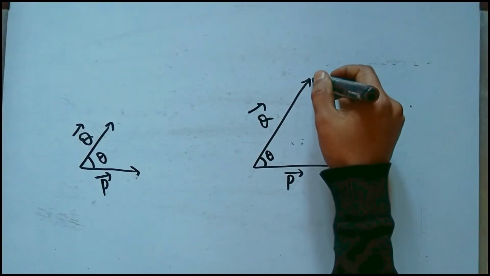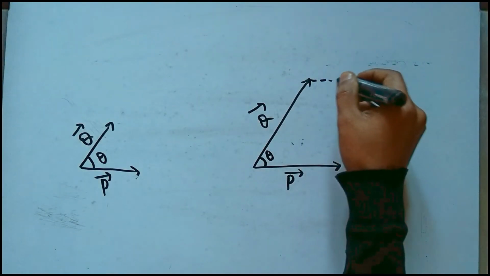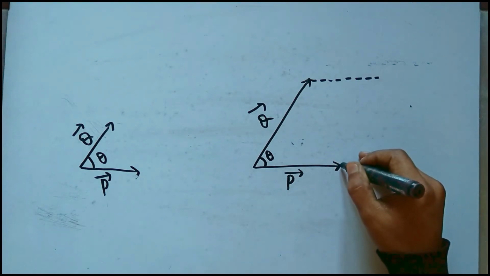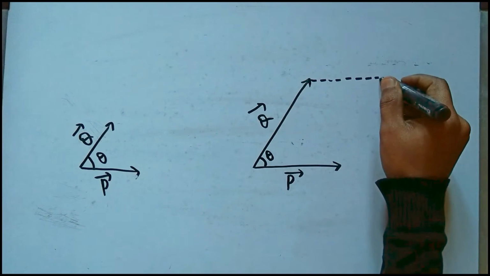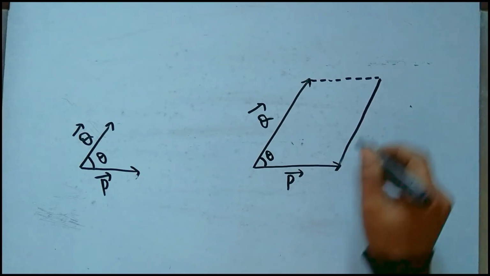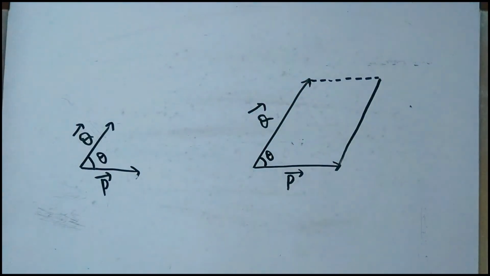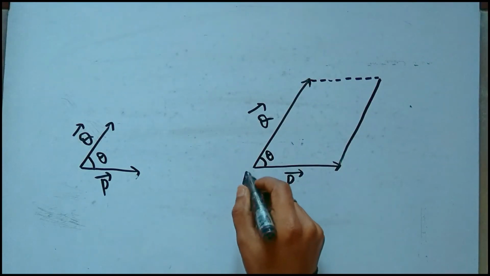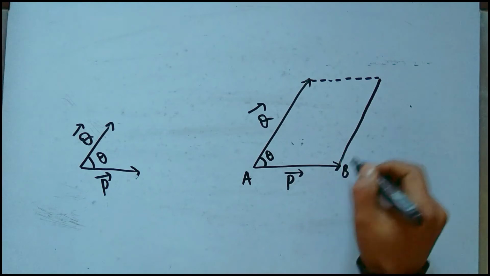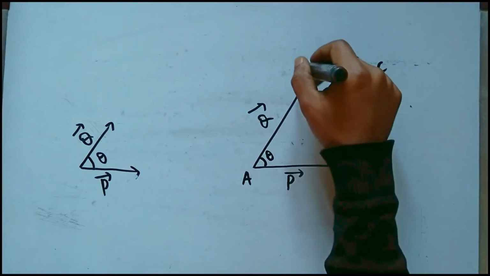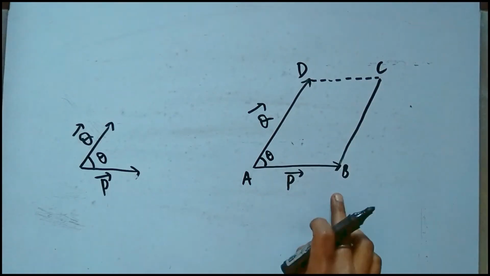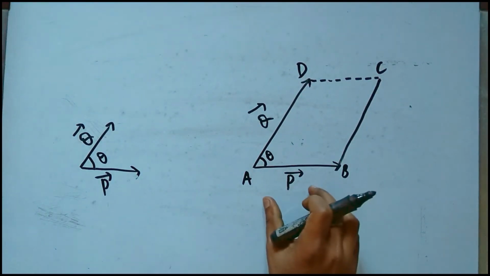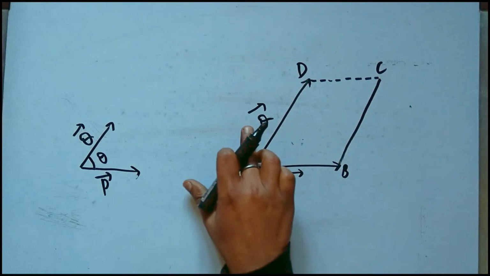So now we have to draw a parallelogram. Now this is the parallelogram A, B, C and D, where AB and AD are two sides of a parallelogram, P being one vector, Q being another vector.